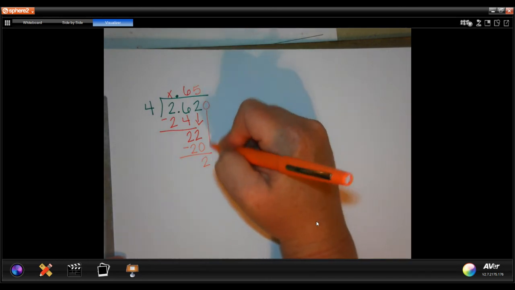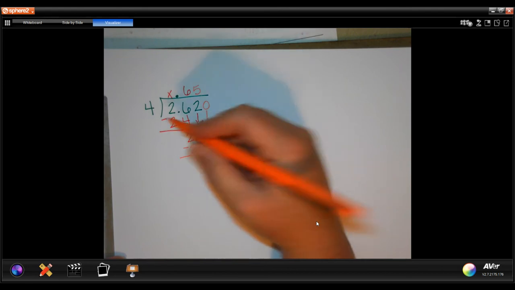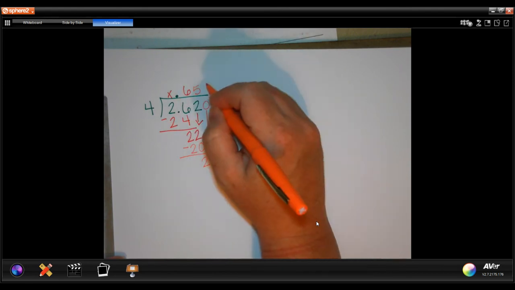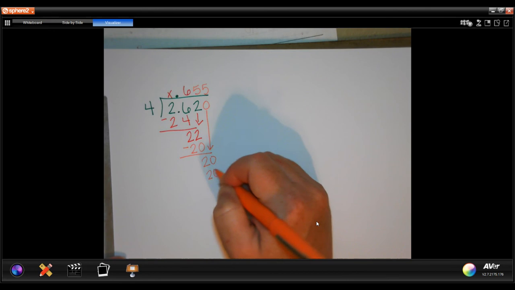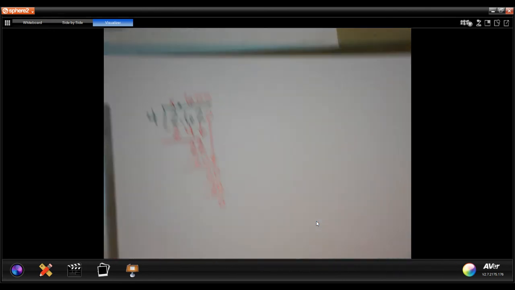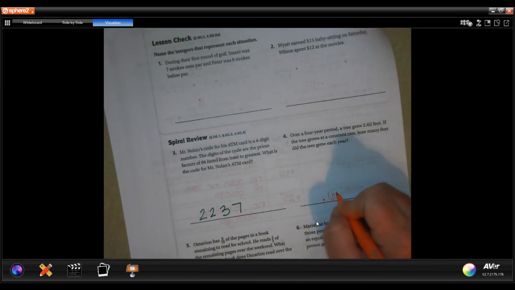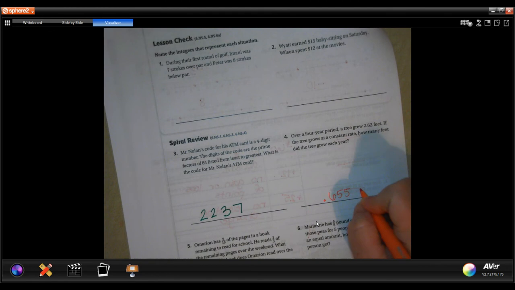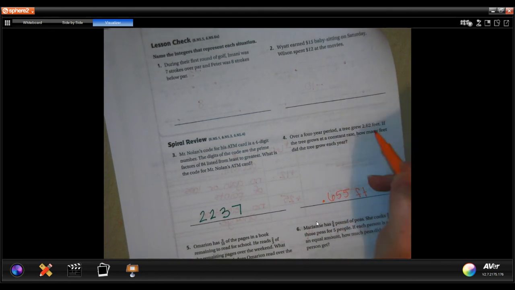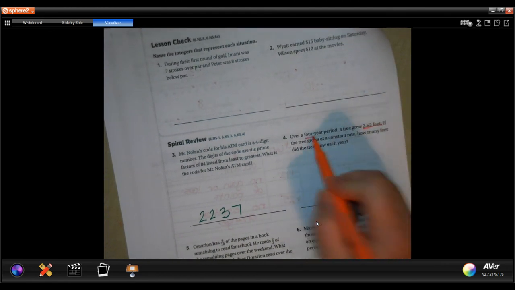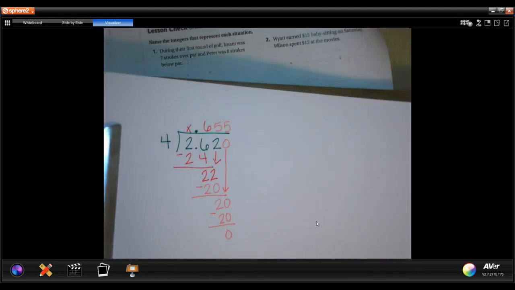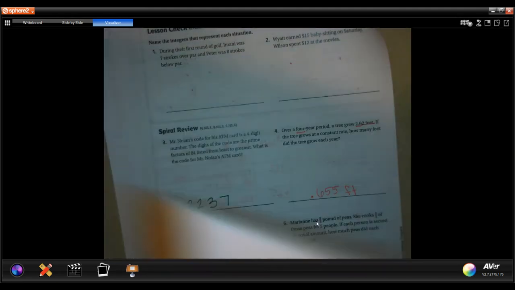Now, you can add a 0 and bring it down because 2 is smaller than 4, and 4 is going to go into 20. 5 times again. Subtract, get 0. So 0.655 feet. It's being measured in feet. Write your work down. It's important.